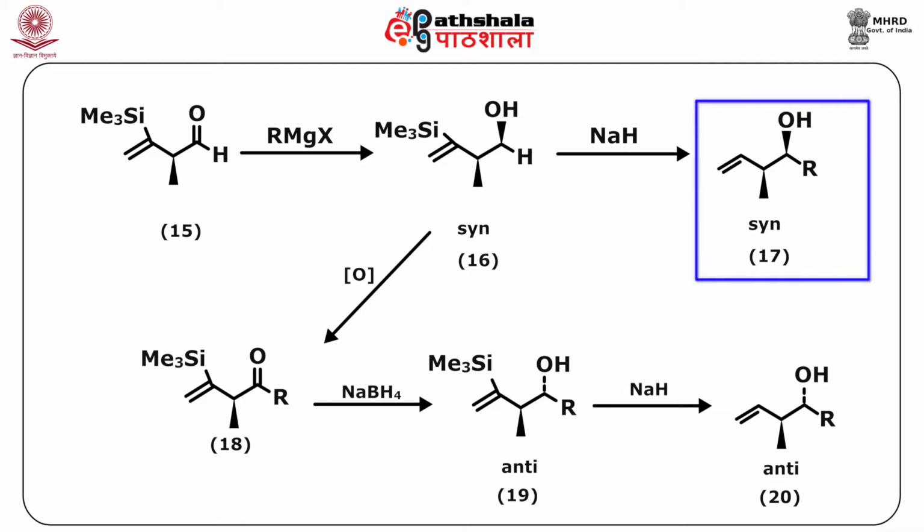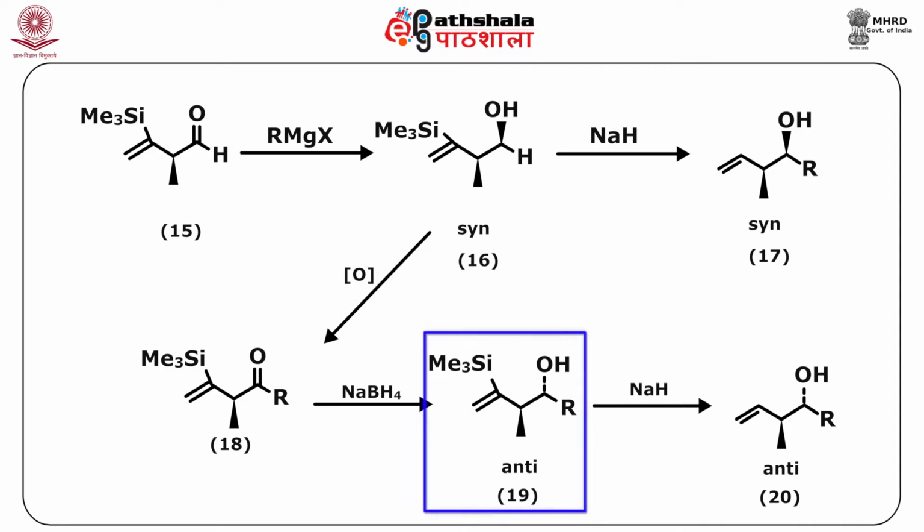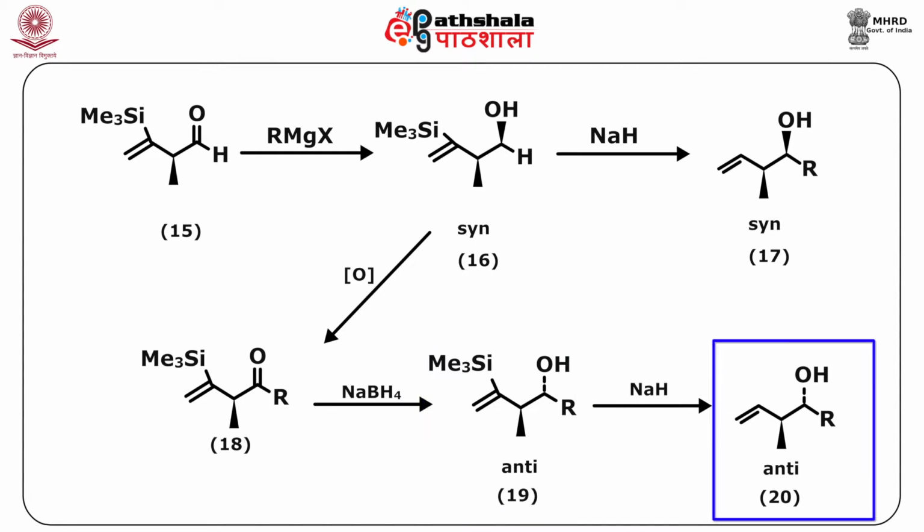The syn compound, the Cram product, is obtained in over 99% yield. When converted to ketones and the latter reduced with the metal hydride, the anti-diastereomer, again the Cram product, is obtained almost exclusively. The diastereoselective formation of methyl homoallyl alcohol has been depicted here in the given structural formulas.